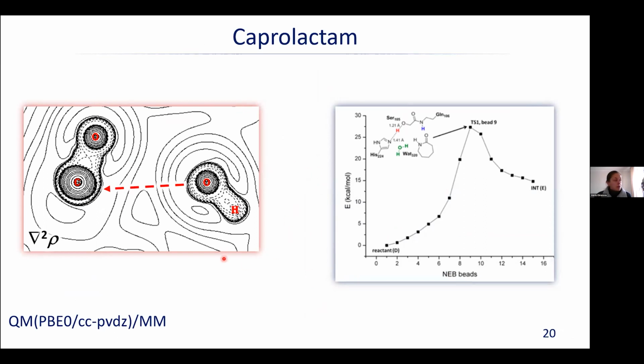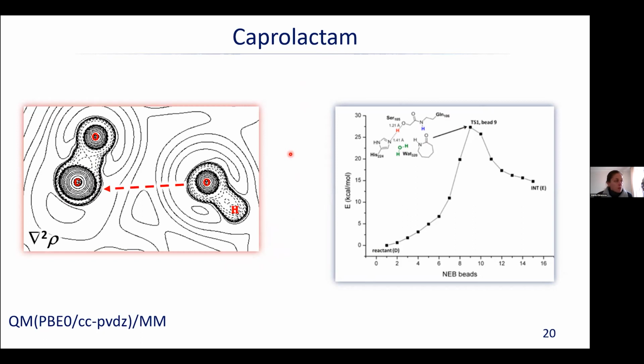And luckily, we found the equilibrium geometry configurations corresponding to stationary points of reactants in the supporting materials. And we calculated Laplacian of electron density at these points. What we found is the following. For the caprolactam that has a very high energy barrier of the reaction, we can see no activation in the ES complex.